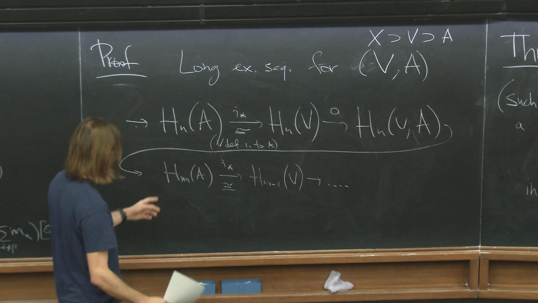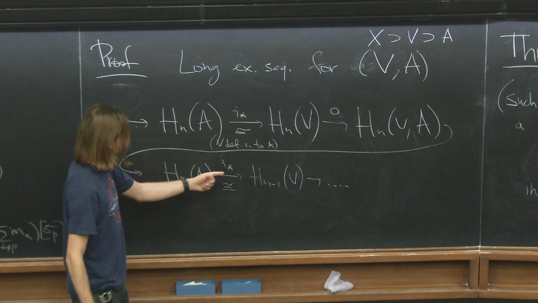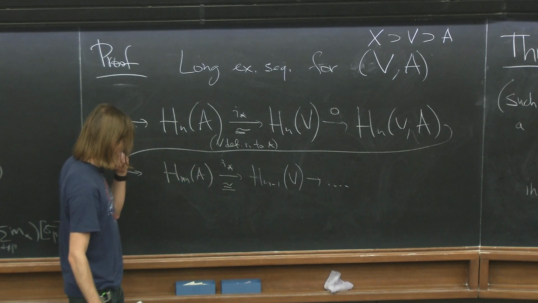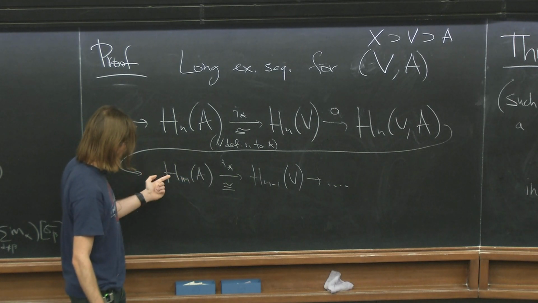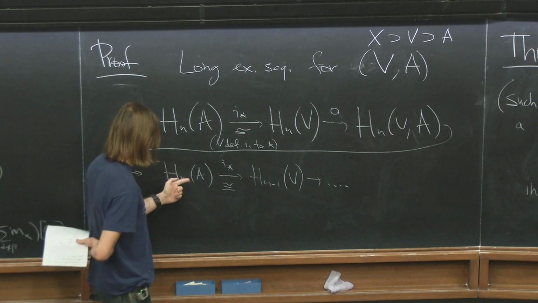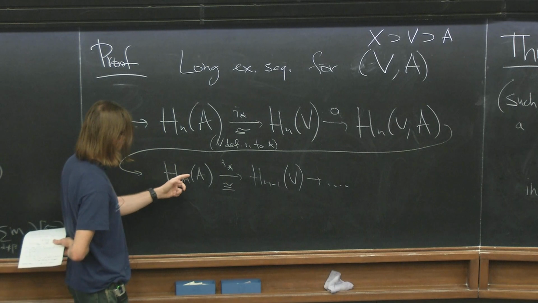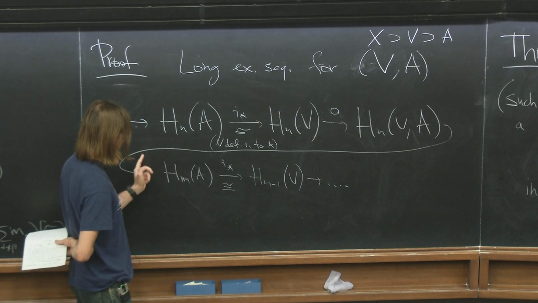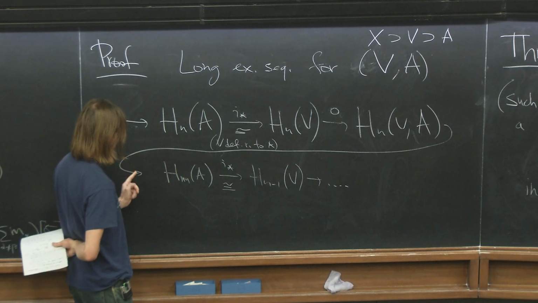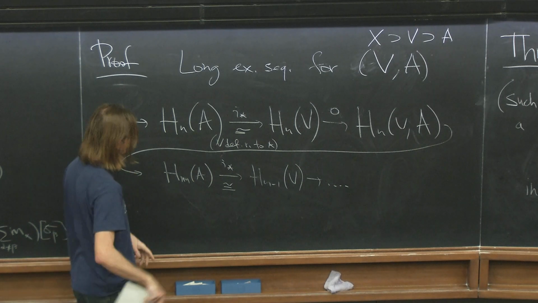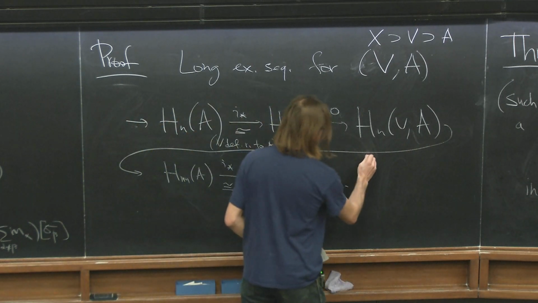And similarly, if you look at this part, this is an isomorphism, so the kernel is trivial here, but the kernel should coincide with the image of the previous map. So the image is trivial. This means that this is also 0.